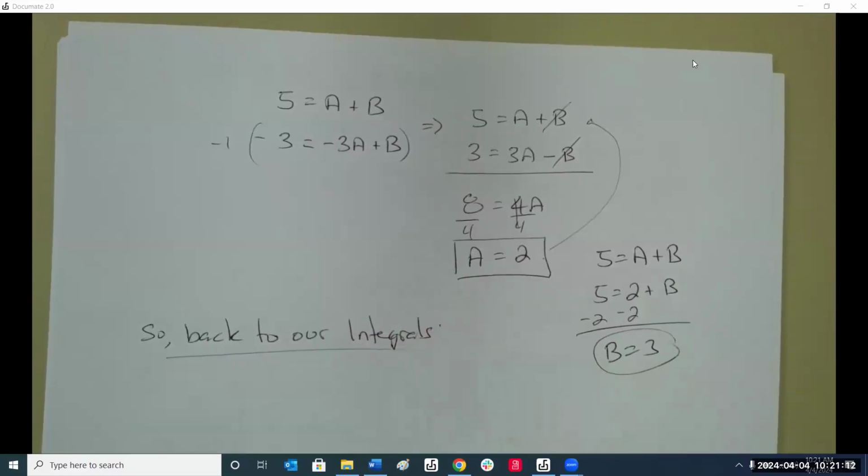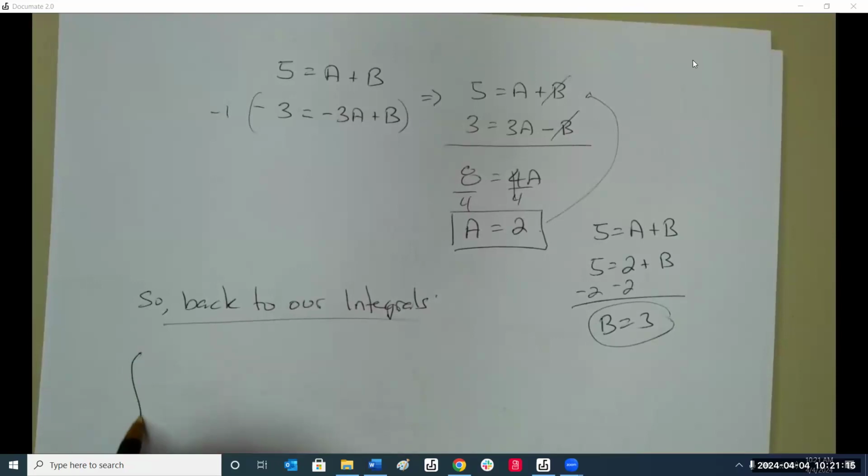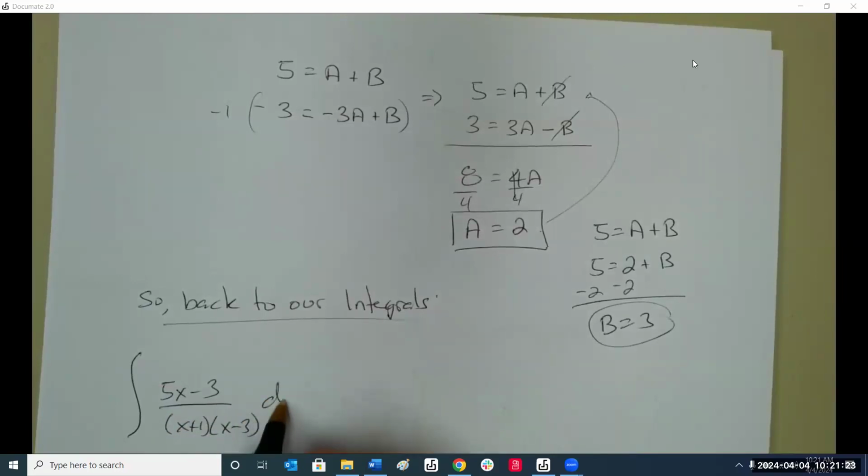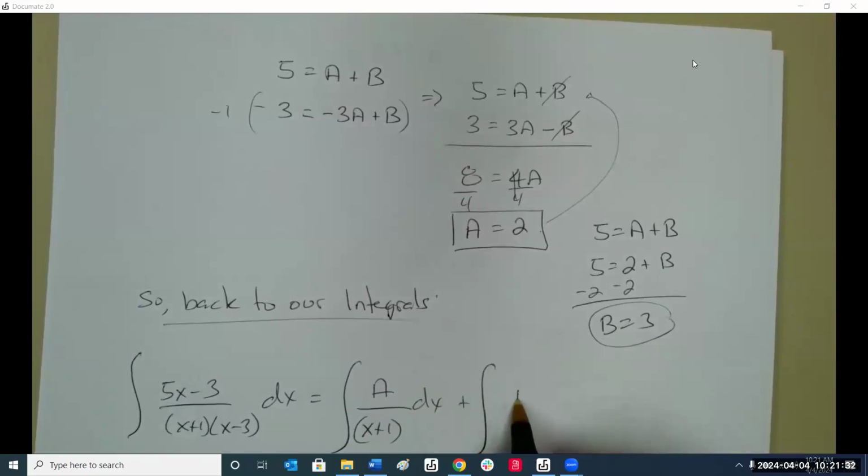So back to our integral. We had the integral of 5x minus 3 over x plus 1 times x minus 3 dx equals the integral of A over x plus 1 dx plus the integral of B over x minus 3 dx.